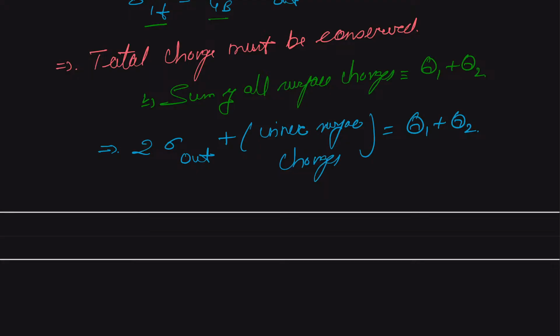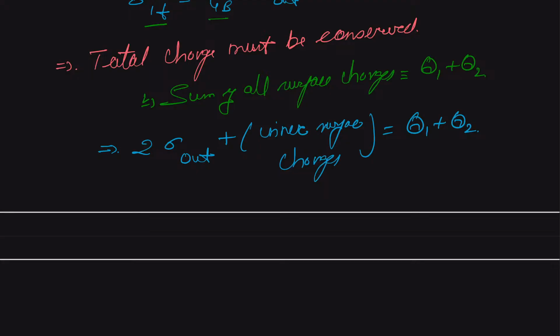And we also know that the electric field inside each conducting plate, or we can say inside each conductor, is equal to 0, because that is our standard concept. And because we are dealing with charge densities, we can say that the field inside a conductor due to all surface charges must vanish, or be equal to 0.